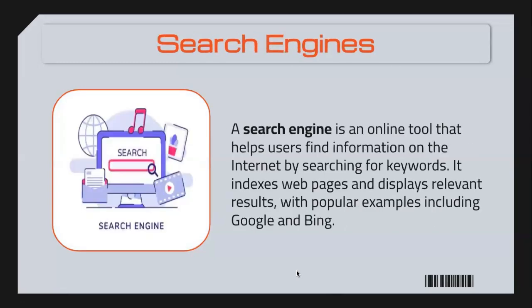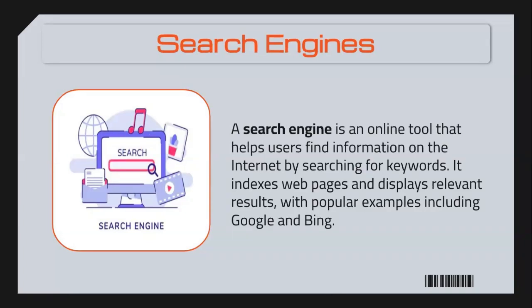And a search engine is an online tool that helps users find information on the internet by searching for keywords. It indexes web pages and displays relevant results, with popular examples including Google and Bing.